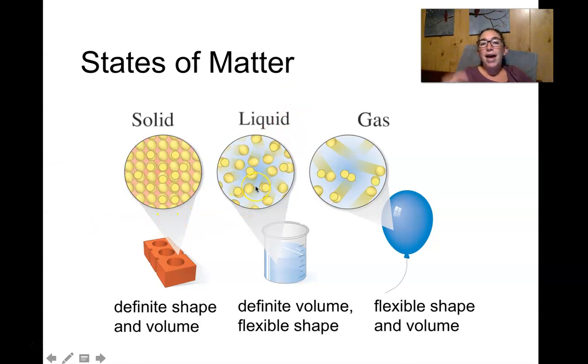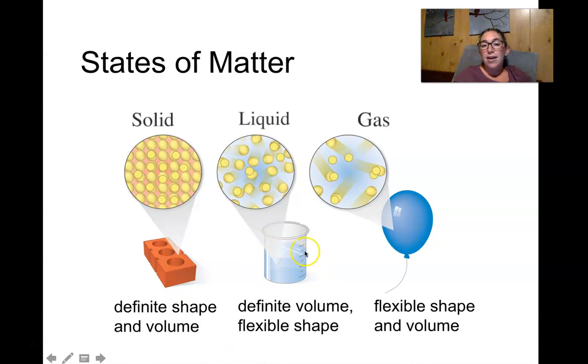Liquids involve atoms that are fairly closely packed together, but with enough space to sort of roll around each other. They're still close, they're still touching, but they're not so tightly packed that they can't move. And so that means that liquids, since they're still relatively close together and they stay close together, do have a definite volume, but because they can roll around and flow around each other, they can have a flexible shape.